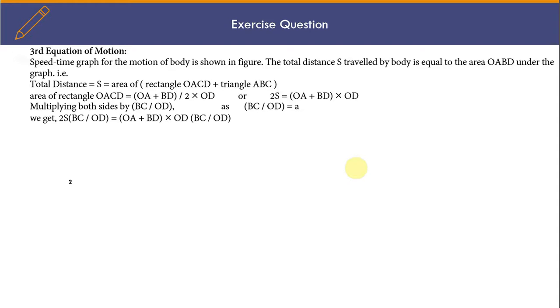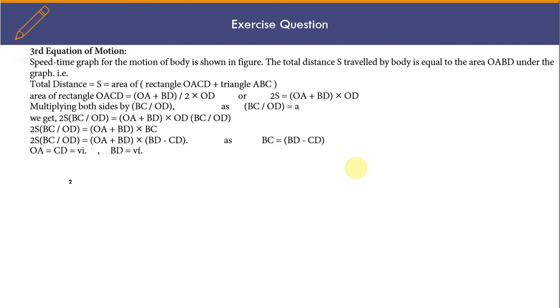2S into BC by OD is equal to (OA plus BD) into OD into BC by OD, and further 2S into BC by OD is equal to (OA plus BD) into BC. 2S BC by OD is equal to (OA plus BD) into (BD minus CD). As BC is equal to BD minus CD, we get OA is equal to CD is equal to initial velocity Vi, and BD is equal to final velocity Vf.